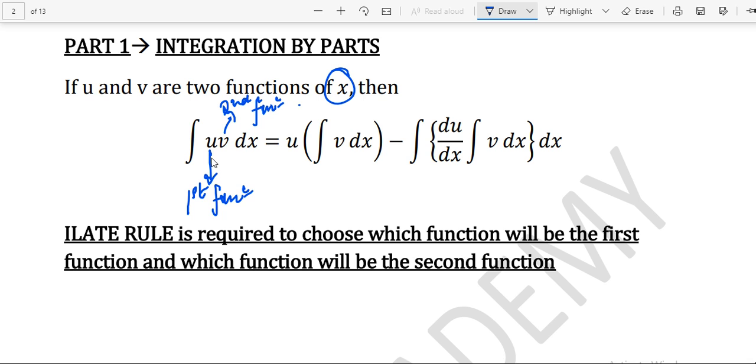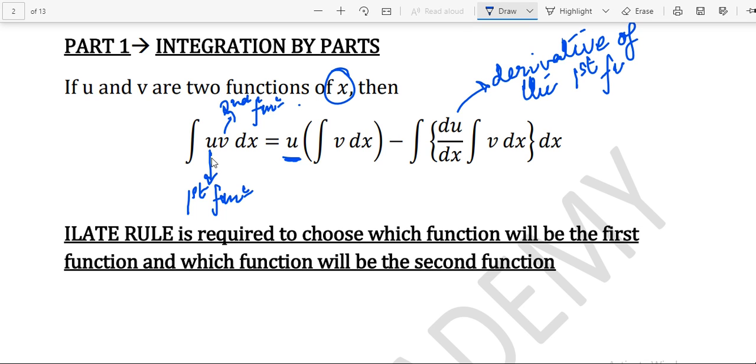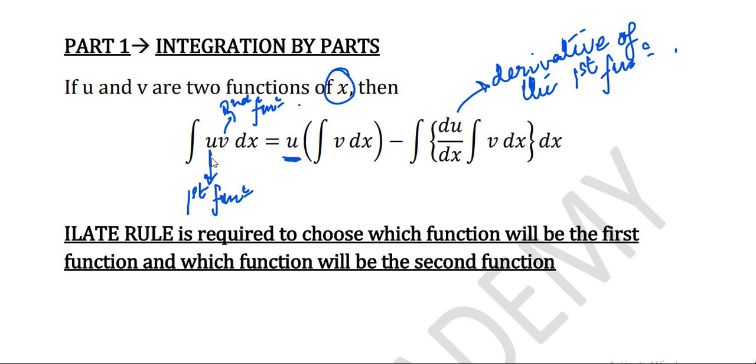In words, the integration of the first function multiplied by the second function is the first function multiplied by the integration of the second function, minus integration of du by dx, which is the derivative of the first function, multiplied by integration of v dx, into dx.